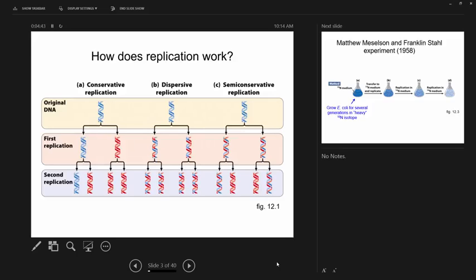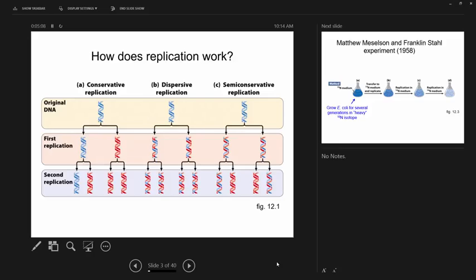It's different from dispersive because in dispersive, some areas you have two new strands, or two old strands, somewhere you have two new ones, somewhere you can have half old and half new, etc. But here, the entire length of the DNA molecule, one strand is all old DNA, and one strand is all new DNA.